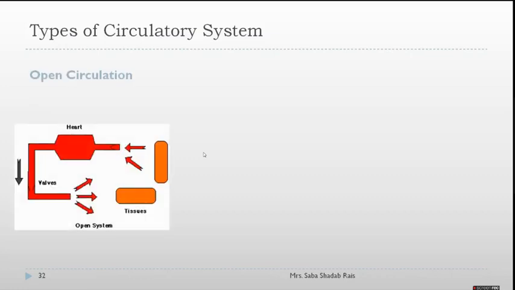The first is open circulation. Now see, the components will be the same. Heart, then vessels will be there. Now, what is the major role of the circulatory system? The circulatory system is connected with your respiratory system. The respiratory system will bring oxygen.